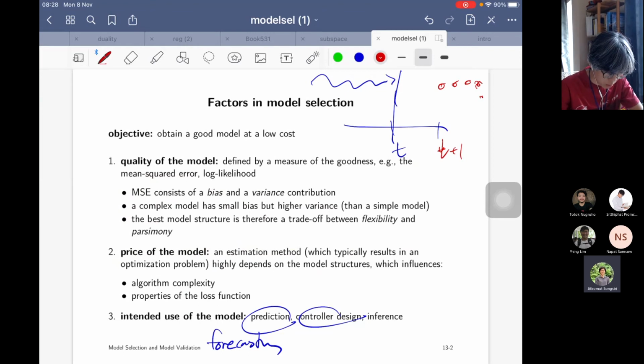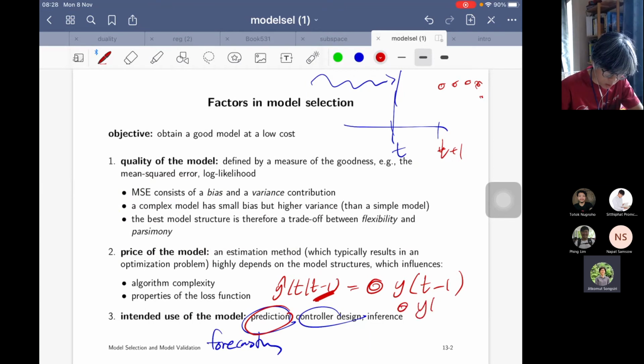And as you have seen, for a model used for forecasting or prediction, the equation would be something like y hat t is a function of y t minus 1, because it can use only the information up to time t minus 1. So sometimes you can go through all the history of y.